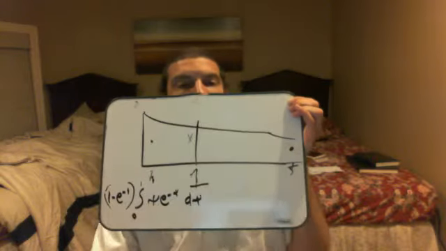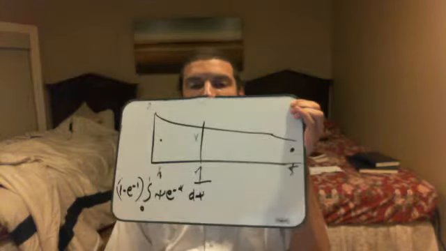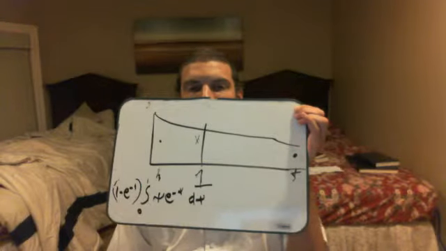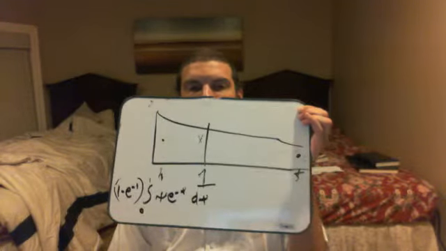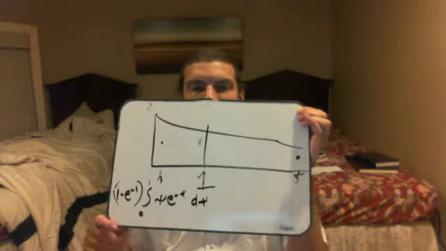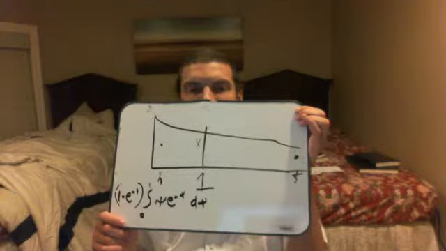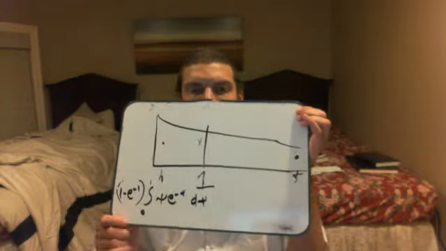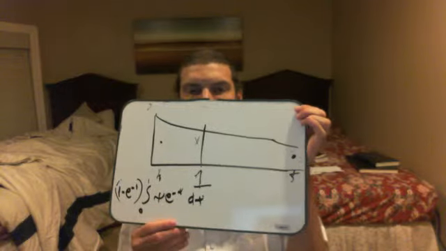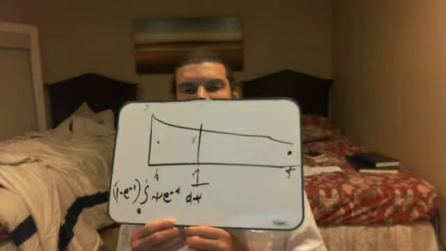What am I doing here? I'm taking each tiny rectangle that is the size of e negative x dx, that's like a tiny number, that's the probability that the number should be x.